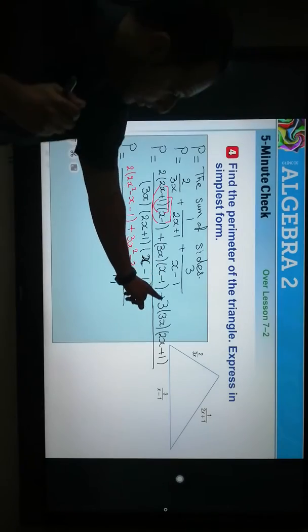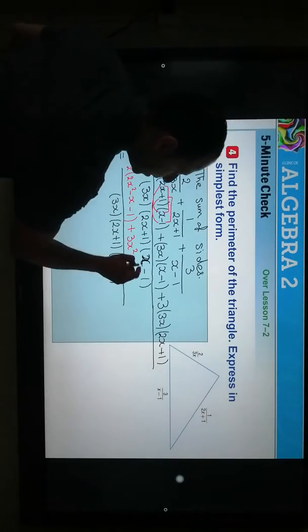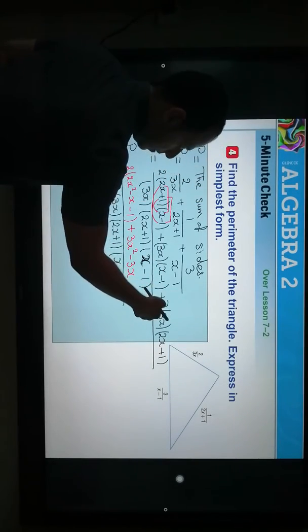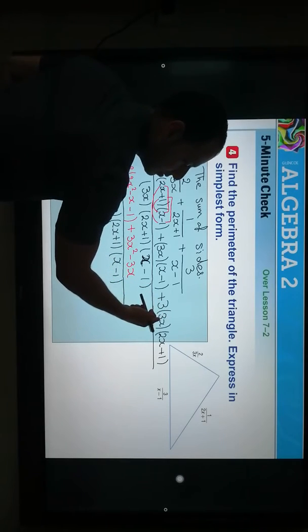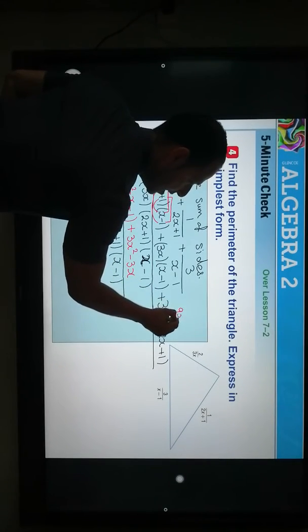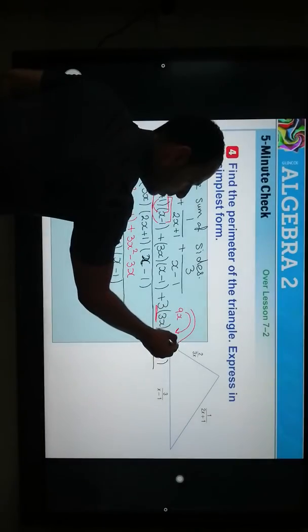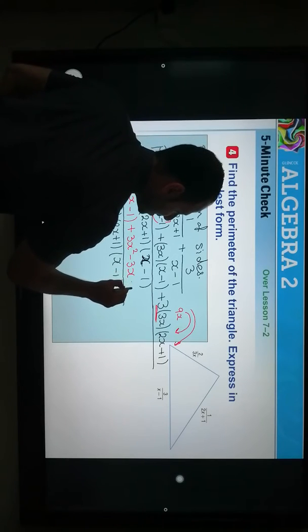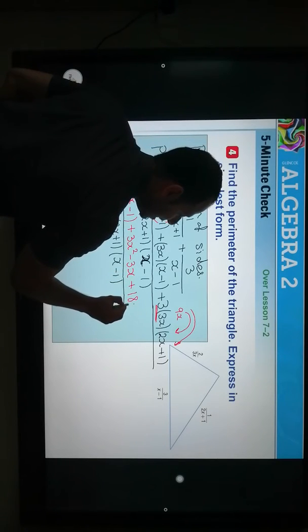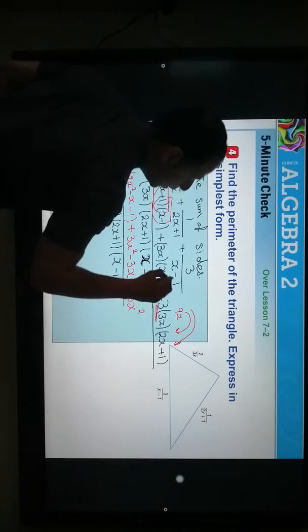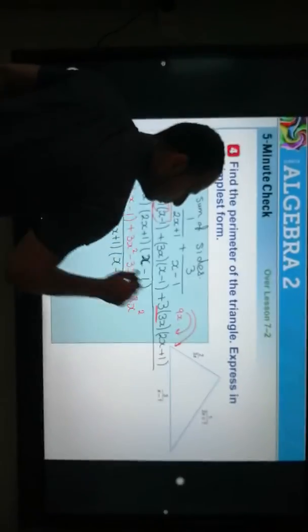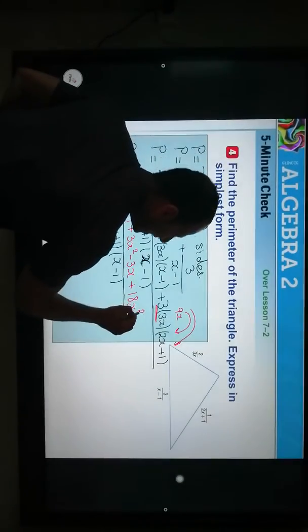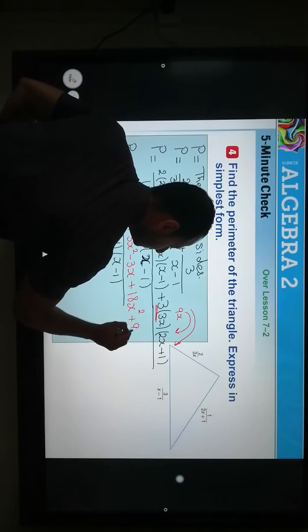Going after that, multiply this by 3 becomes 9x. 9x multiplied by the first, multiplied by the second. So 9x multiplied by 2x becomes positive 18x squared. 9x multiplied by 1 equals 9x.